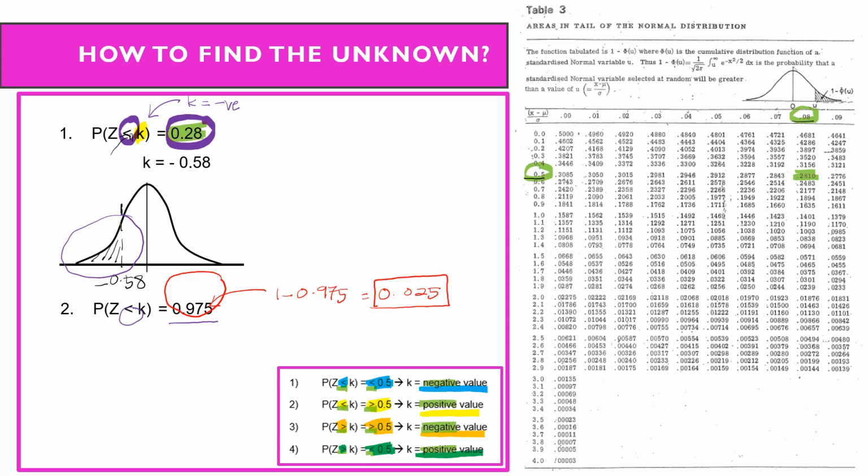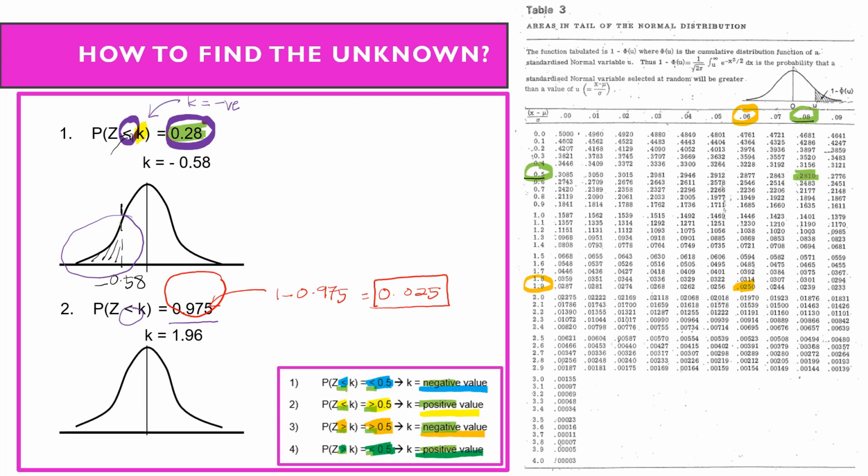Here, 0.0250, which gives 1.96. Therefore, k equals 1.96. Why positive? Because of different sign: less than k but more than 0.5.